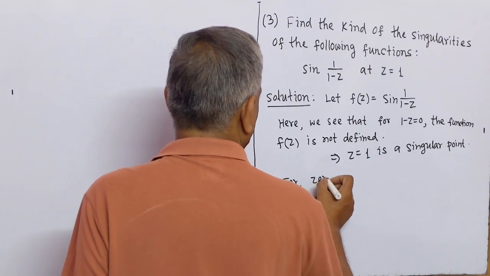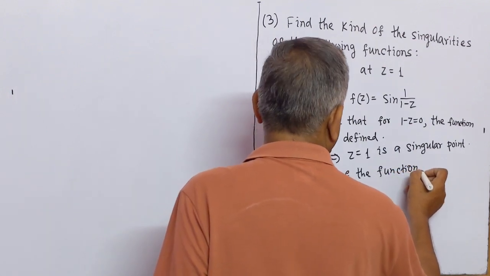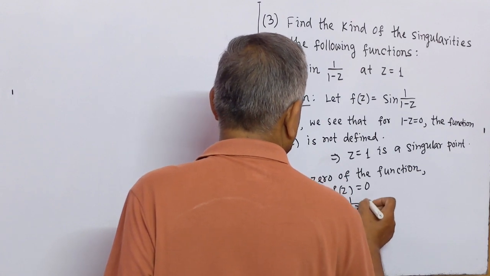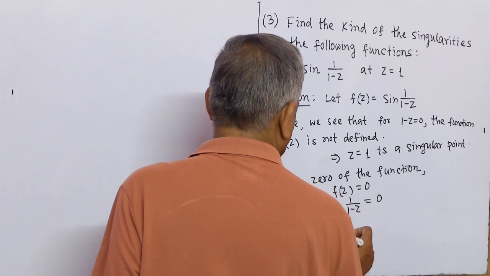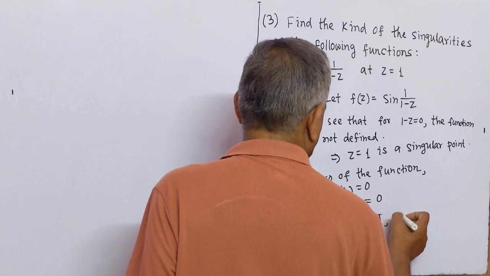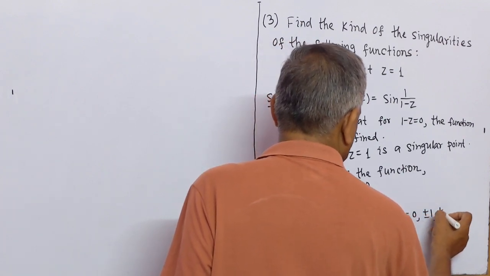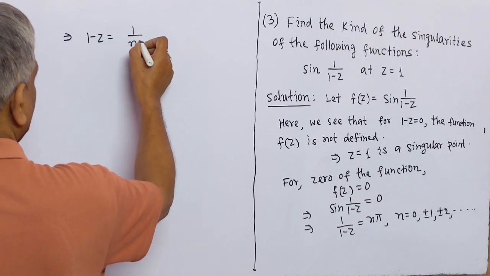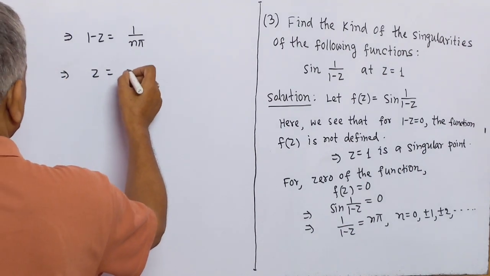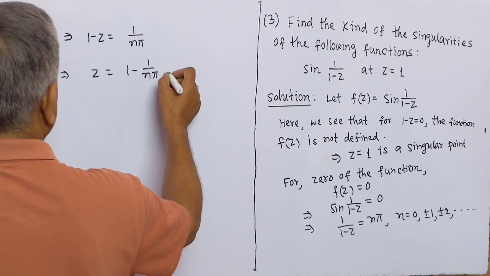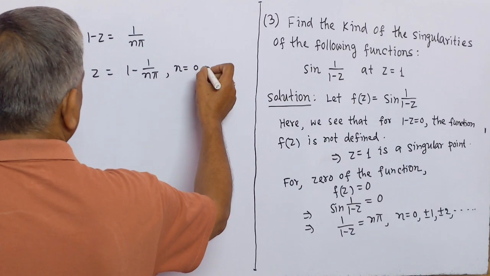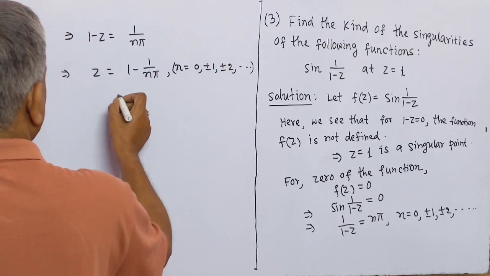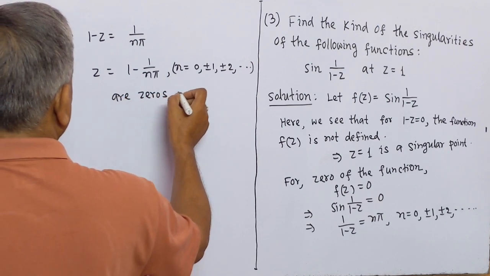For zeros of the function, if f(z) equal to 0 implies that sin 1 by (1 minus z) equal to 0 implies that 1 by (1 minus z) equal to n pi, n equal to 0, plus minus 1, plus minus 2, and so on, implies that 1 minus z equal to 1 by n pi implies that z equal to 1 minus 1 by n pi, n equal to 0, plus minus 1, plus minus 2, and so on, are zeros of function f(z).